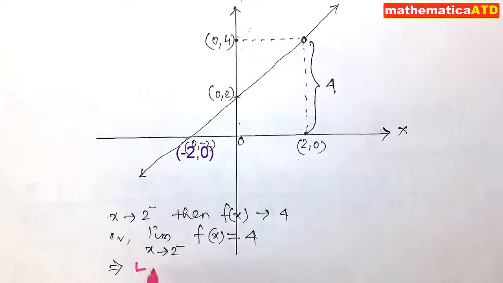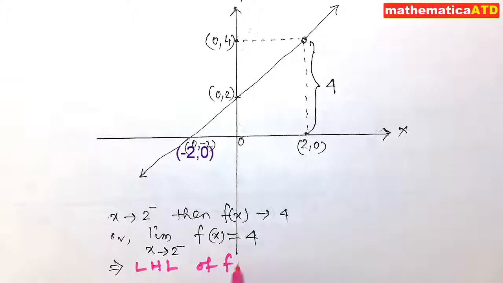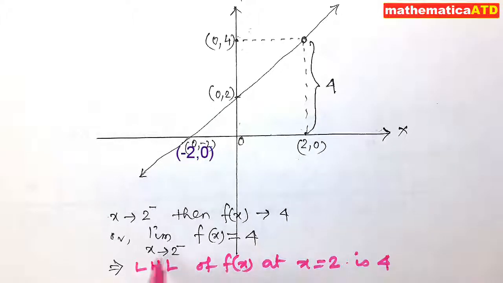Left hand limit, that is LHL, left hand limit of f(x) at x equals 2 is 4. Thus limit x tends to 2 minus of f(x) is equal to 4 means that as x tends to 2 from the left hand side, the value of f(x) is tending to 4.